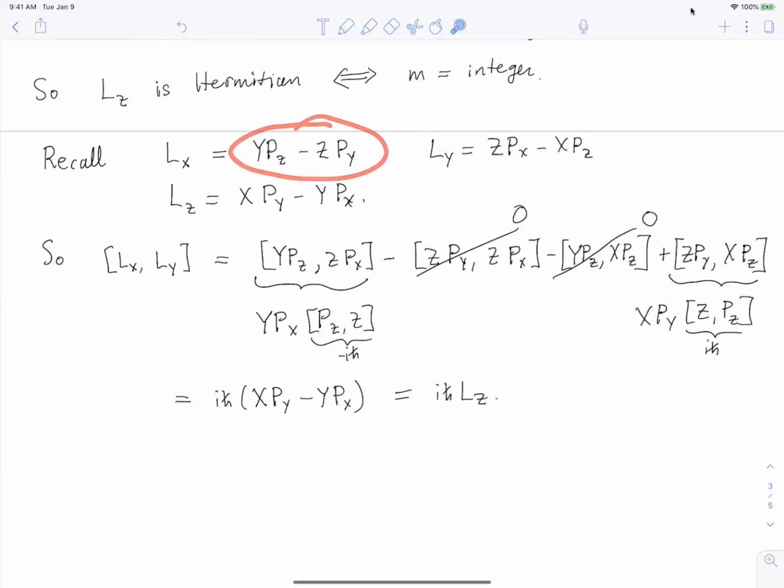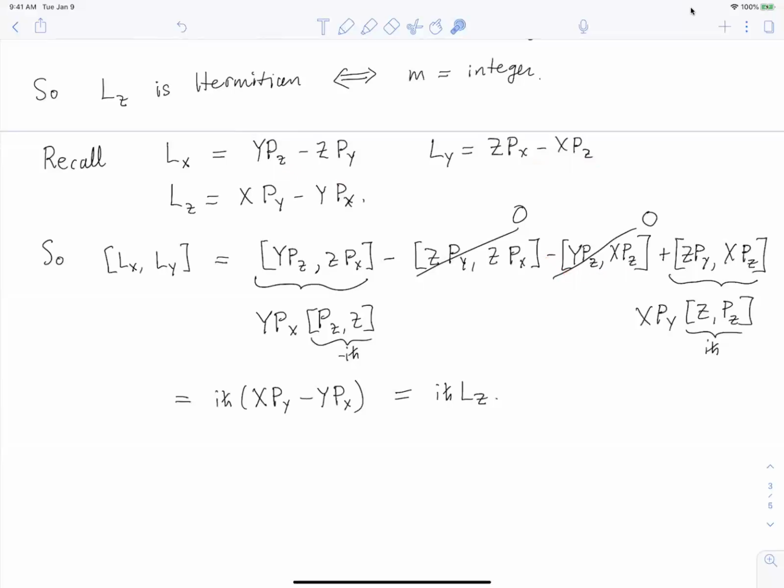I'm just plugging that in and that in. So there's y p sub z with z p sub x for that term. And then there's minus z p sub y with z p sub x for this term. I'm just doing every pair that occurs in here. And then there's y p sub z and minus x p sub z. There's the minus sign, there's the x p sub z.